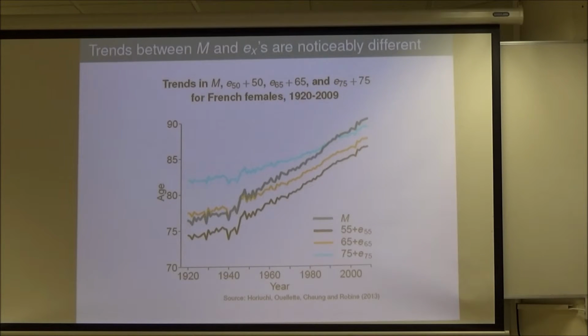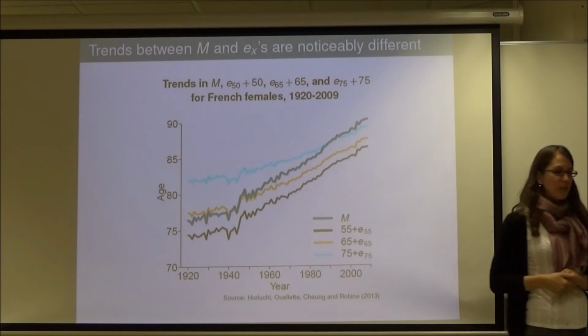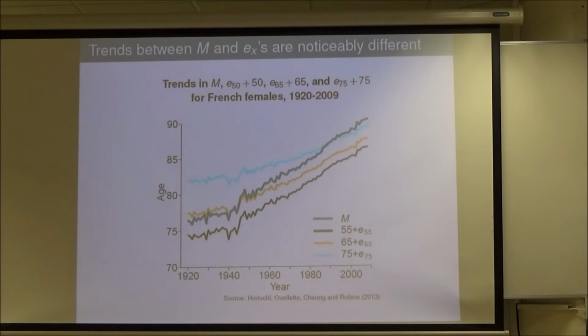As this figure shows, the rises in M, the turquoise line, tend to be steeper than rises in life expectancy at age 55, 65, and 75. We also notice that the older the life expectancy is, the slower is the increase.